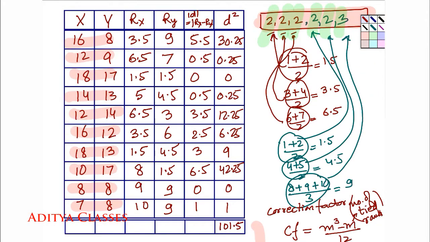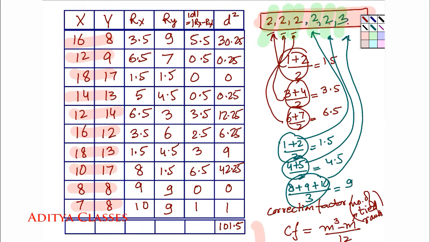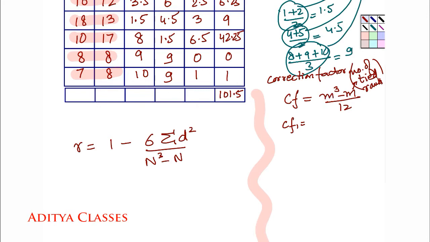So the first correction factor. We very well know that I'll have to apply the correction factor 6 times. So the first time when I apply it, how many ranks were tied? 2 ranks were tied. 2 cube minus 2 upon 12, giving me 8 minus 2 upon 12, giving me 6 upon 12 or 0.5.